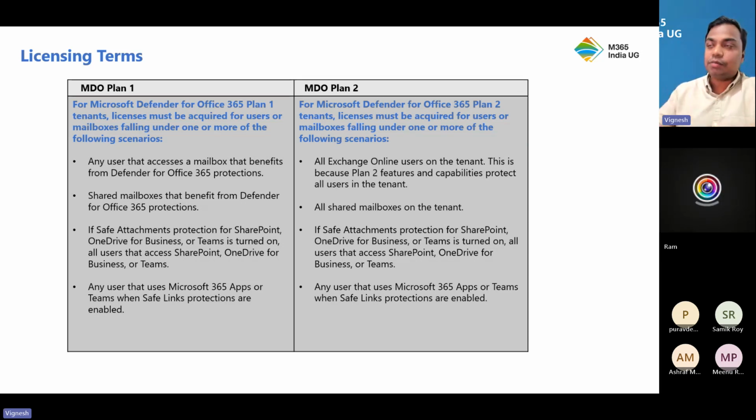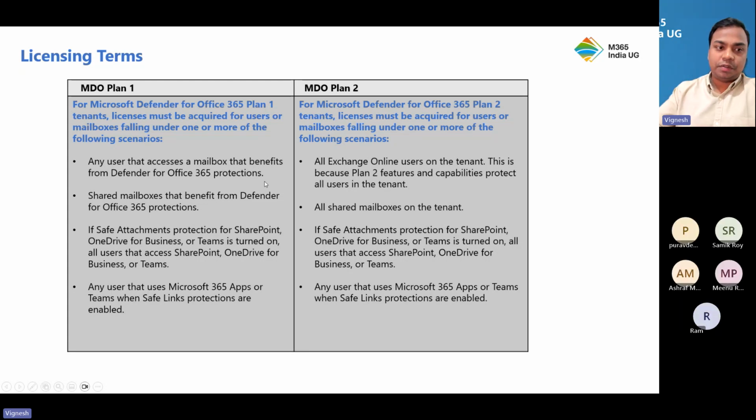When I say licensing terms for Plan 1, right? So for Microsoft Defender for Office 365 Plan 1 tenants, license must be acquired for users or mailboxes falling under one or more of the following scenarios. So this is how the licensing works, right? So any user that accesses a mailbox that benefits from Defender for Office 365. So if at all you're accessing a mailbox, a shared mailbox.